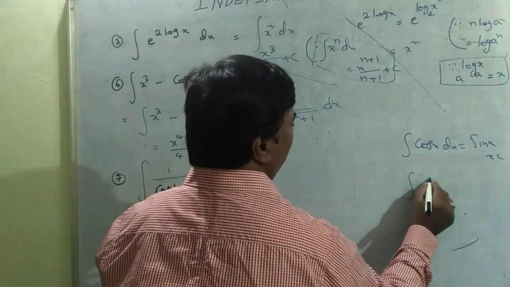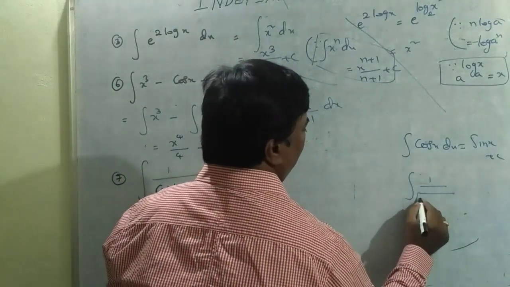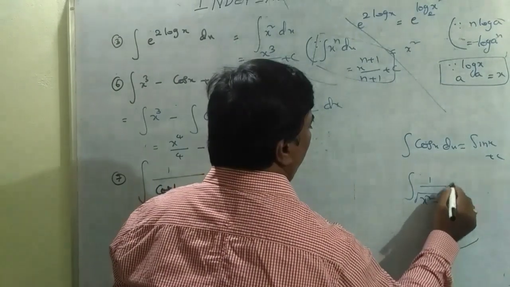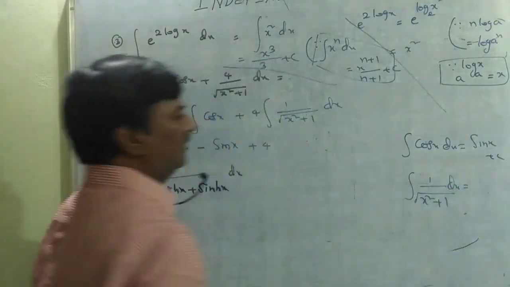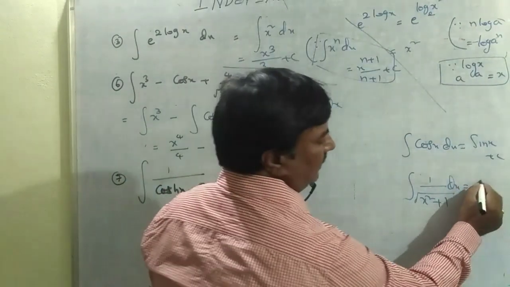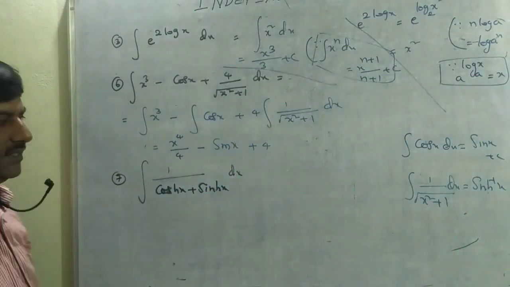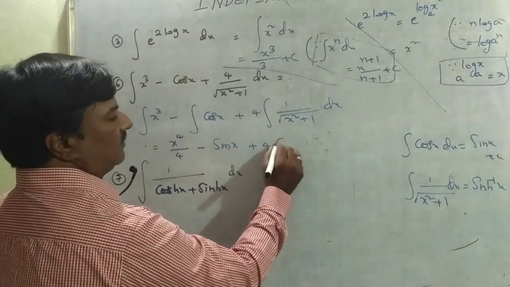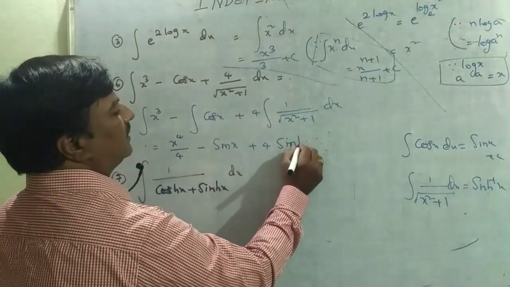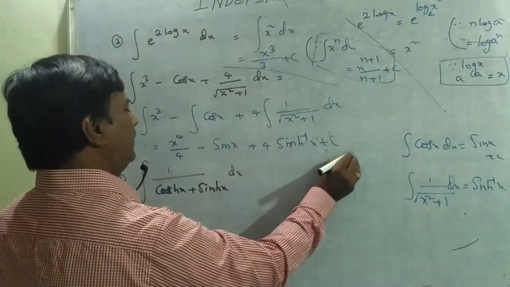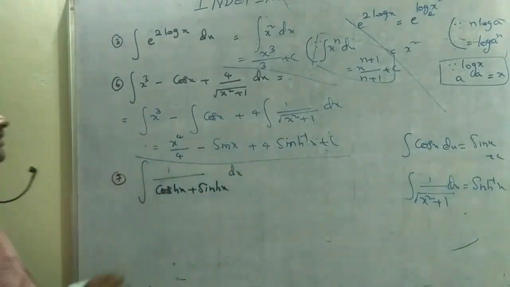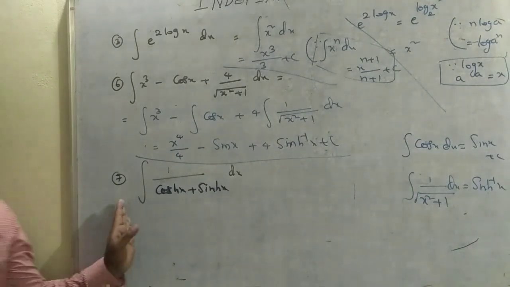One more formula: the integral of 1 by square root of x square plus 1 dx is directly sinh inverse of x. So this is sinh inverse of x plus c. This is the result of the question. Now we can proceed to the next question.